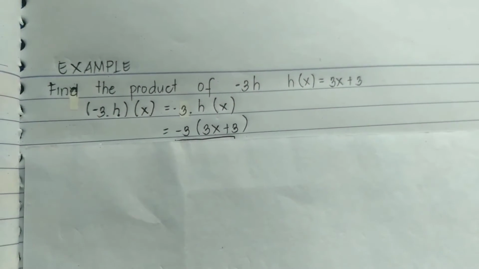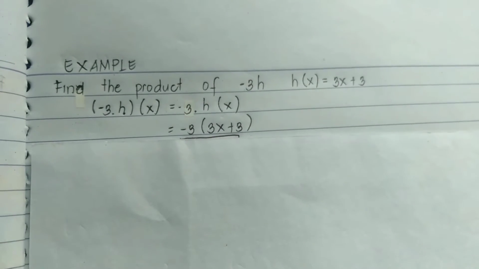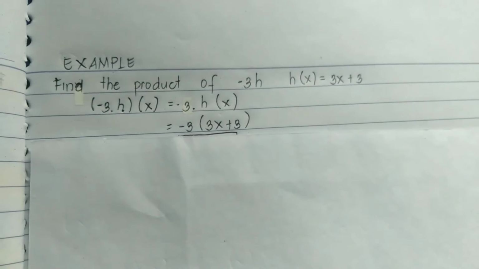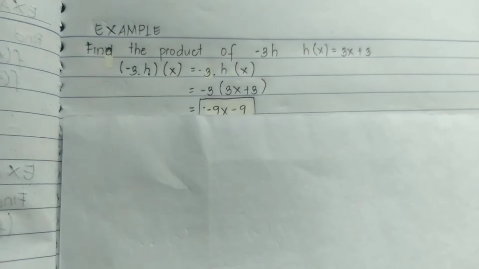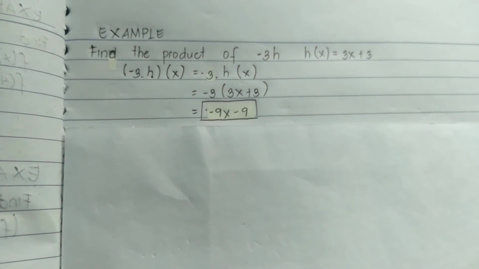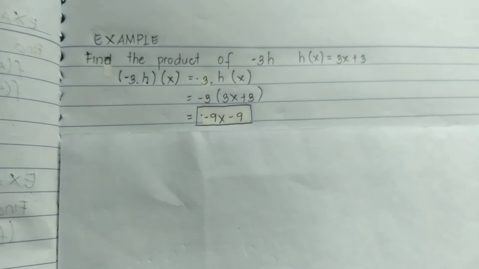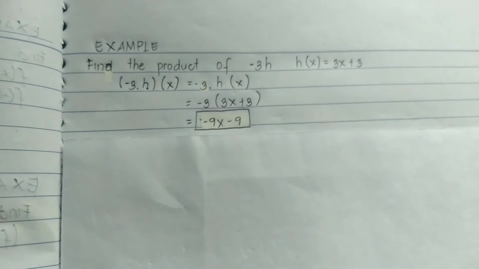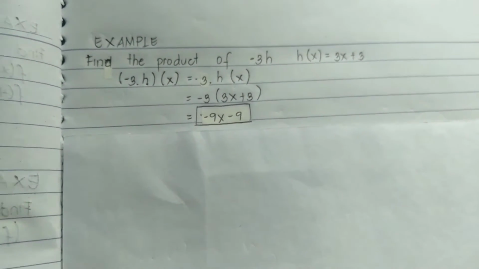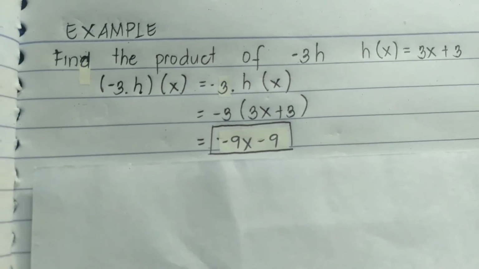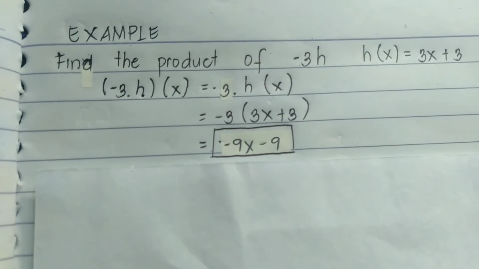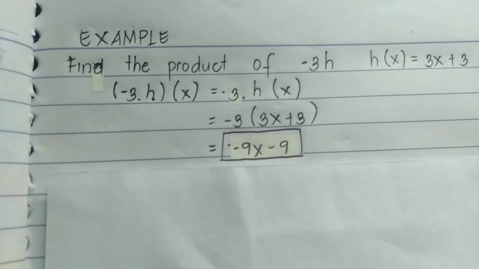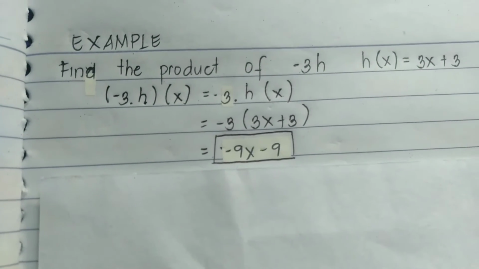So negative 3, then h of x is equal to 3x plus 3. Then simplify. Negative 3 times 3x is equal to negative 9x. Then negative 3 times positive 3 is equal to negative 9. Therefore, the product of the constant negative 3 and the function h is negative 9x minus 9.